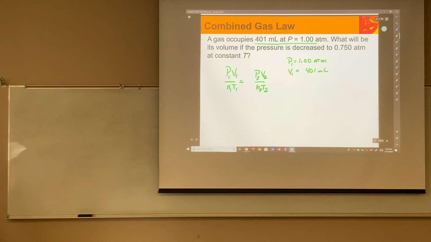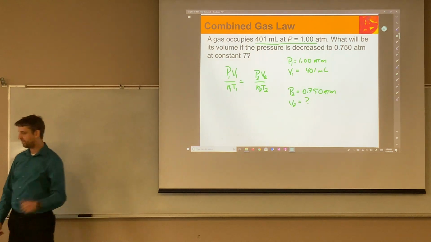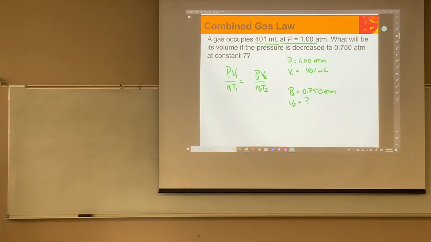Then we do something, it says find its volume if the pressure is decreased, so pressure 2 is 0.750 atmospheres, and it asks what the volume is, at constant temperature. Okay, well that's good, it tells us the constant temperature, so we can get rid of that.